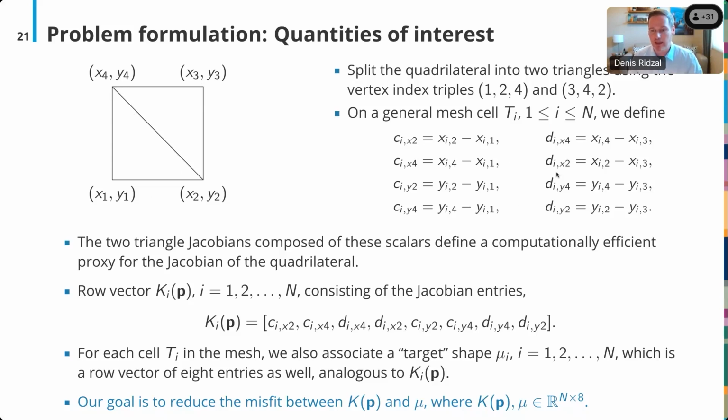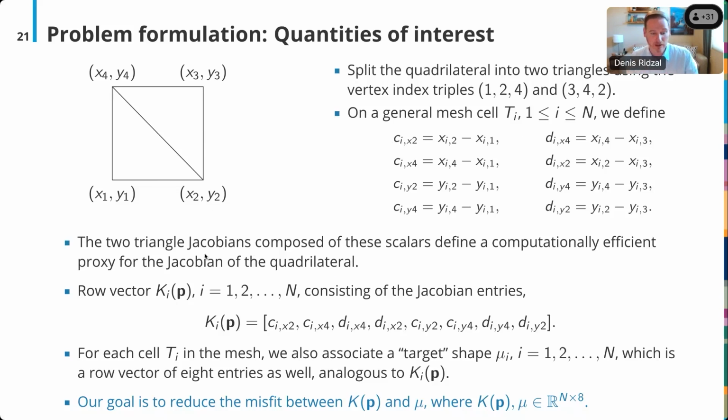And here they're defined by these quantities C and D. And then the two triangle Jacobians can be put into a row vector that we denote here by K that has 8 entries. And so these are all the Jacobian entries for the two triangles. And that in some sense defines the shape of this quadrilateral for us.